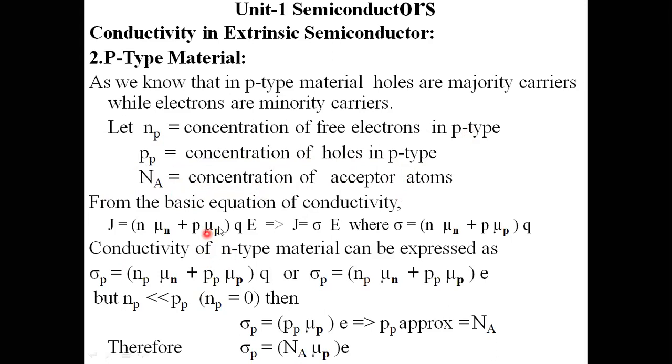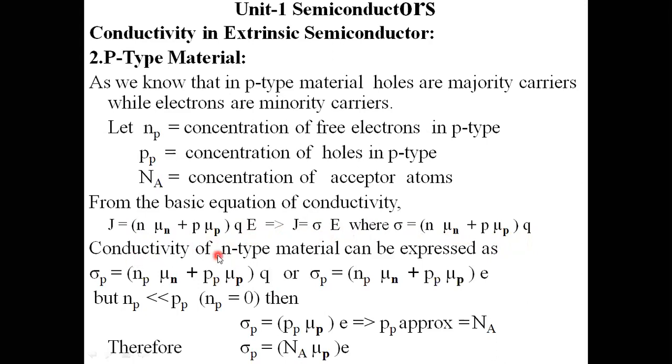Next, the basic equation of conductivity: J is equal to (N mu n plus P mu p) into qE, that is J equal to sigma E, where sigma can be given as N mu n plus P mu p. Here I need to replace this with p.